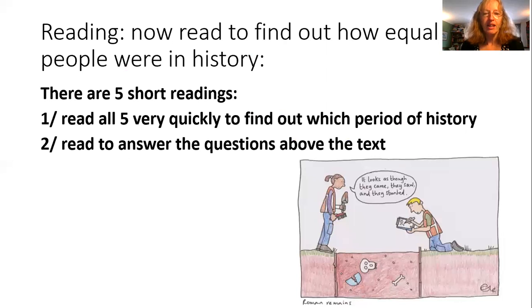So I'm going to show you a screen and I'm going to give you 1 minute only to read each screen. Later you can read for more detail, but this is practice at skimming through quickly just to find out the answers to the questions above the text.